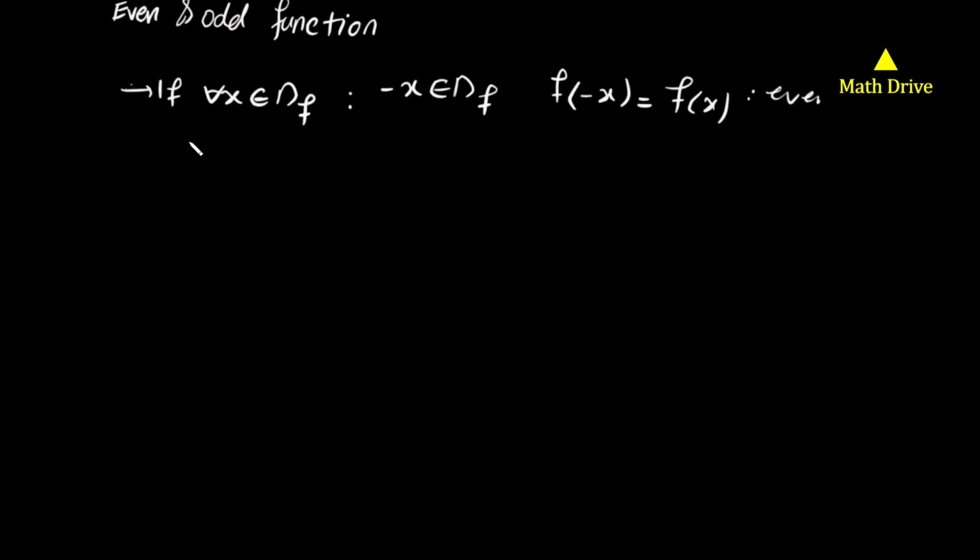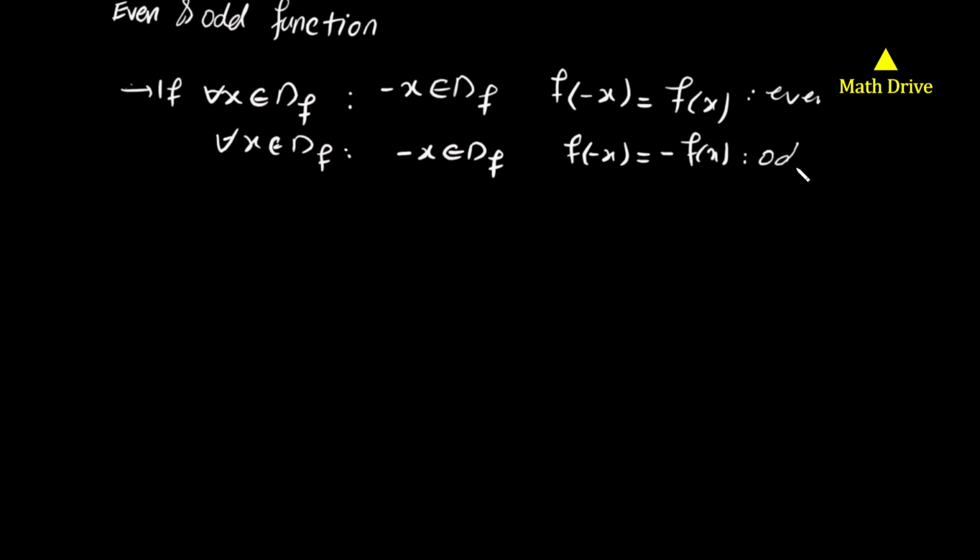On the other hand, if for any x belonging to the domain of f, again negative x belongs to the domain of f and f of minus x is equal to minus f of x, this is called an odd function.